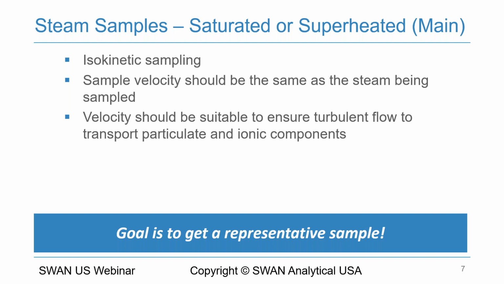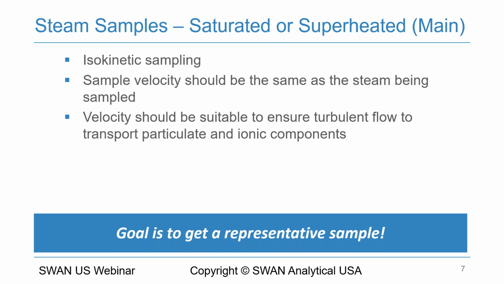So isokinetic sampling is typically a method of pulling different points of steam from across the full diameter of the tube. So we get some from the middle, some from the edge, some from the other edge, and everywhere in between.